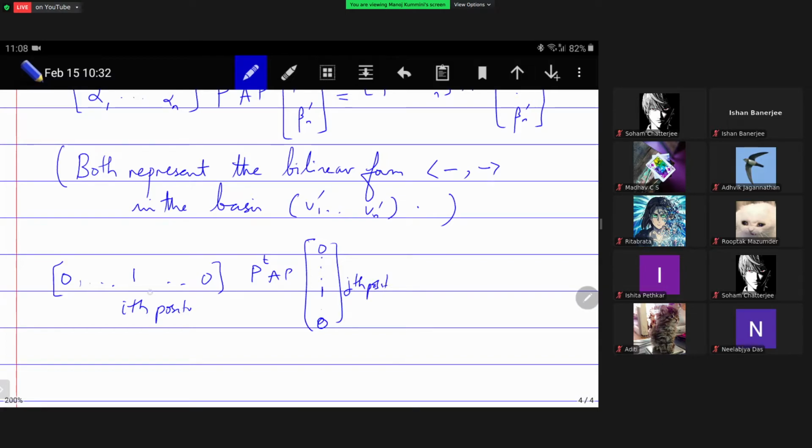In other words, put the transpose of the ith standard basis vector on the left side, and on the right side take the jth standard basis vector. So this is equal to the same quantity.